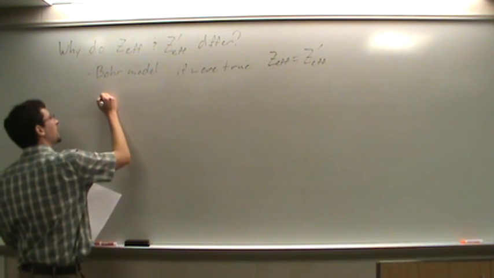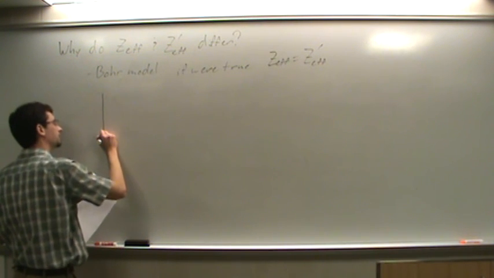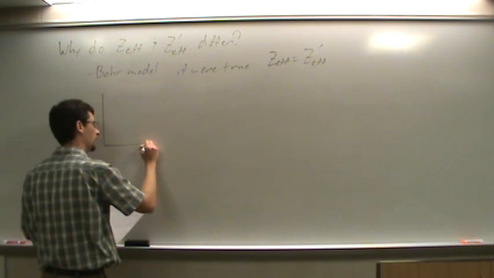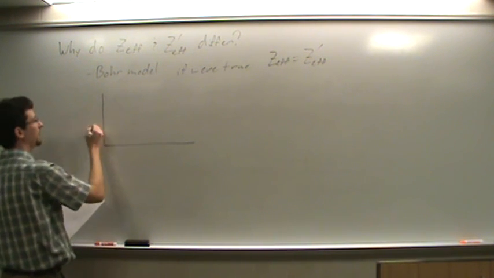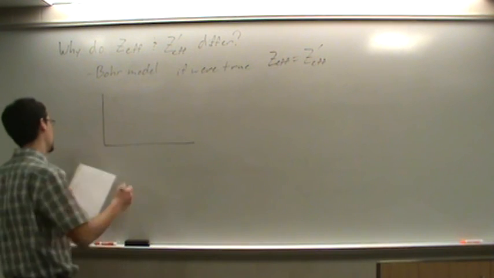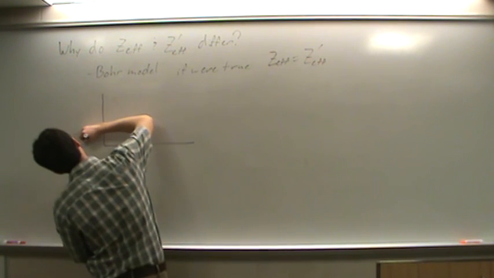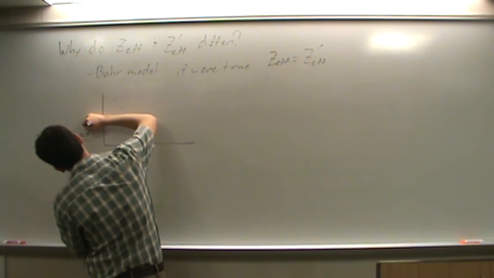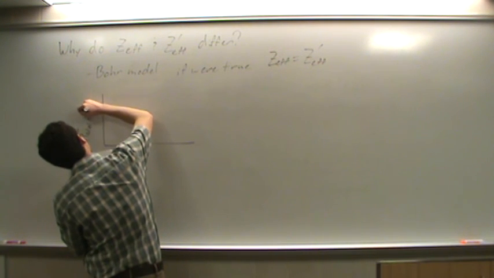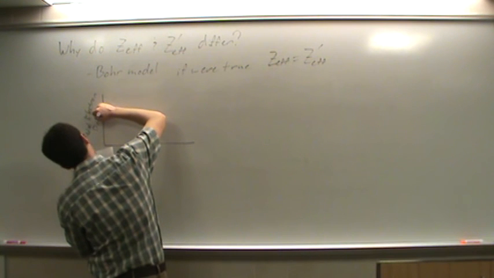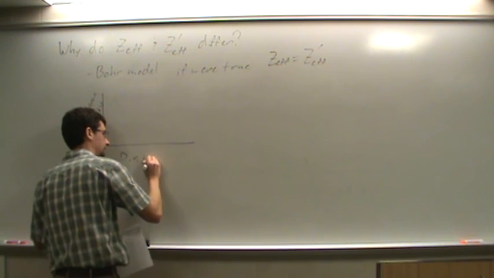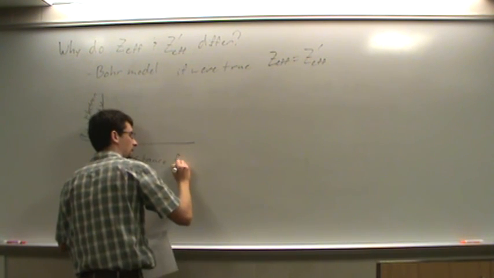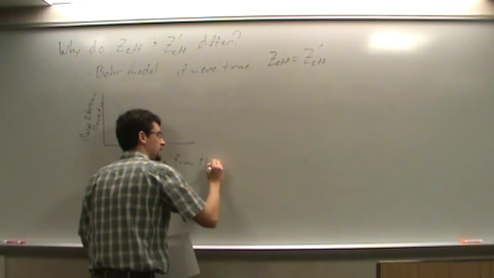And what we can do, we can actually plot this. What we're going to have along here is the probability, or the electron density, the probability of finding an electron. So we have radial electron density, and we have the distance from the nucleus.